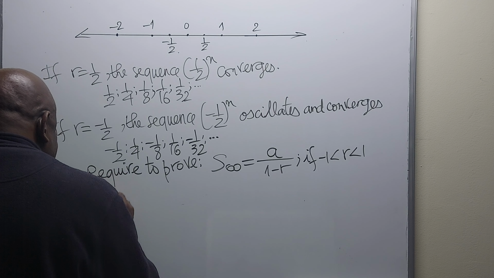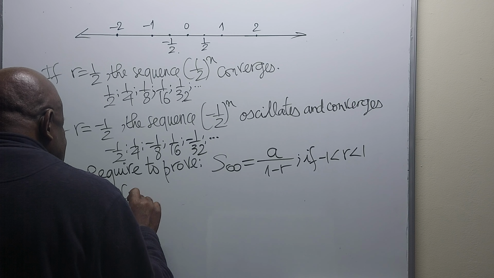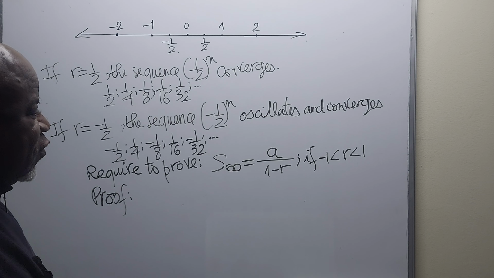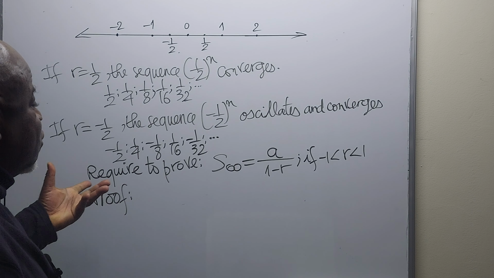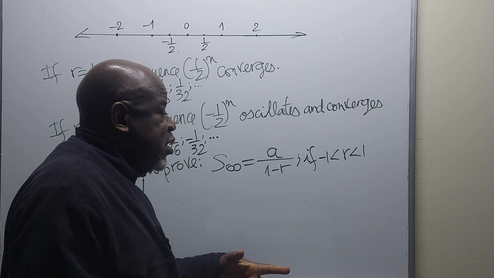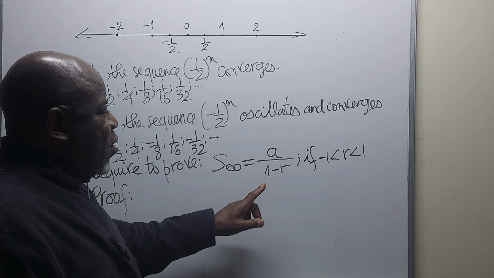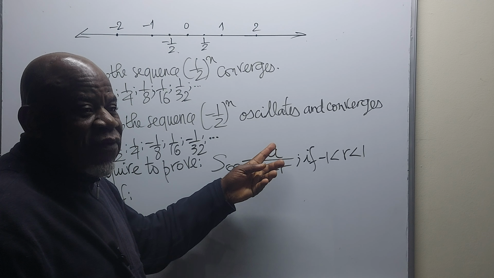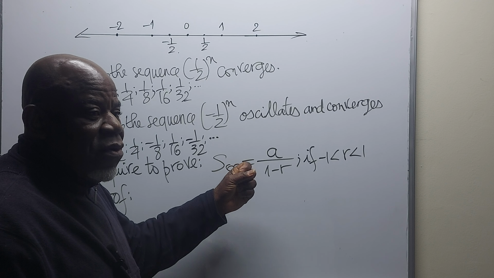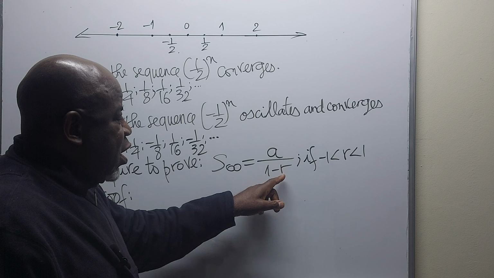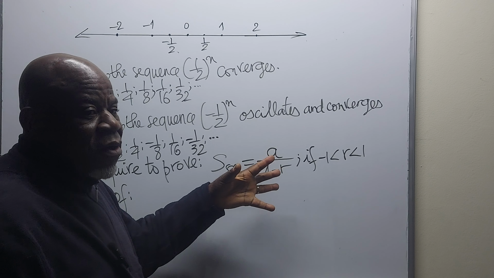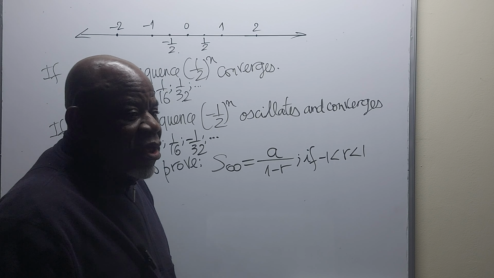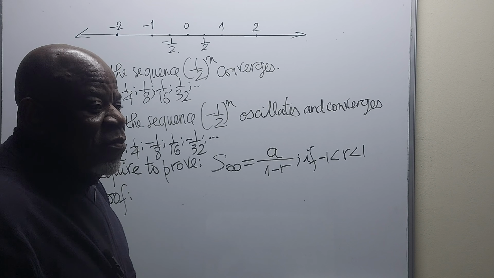So here's the proof. The proof is not really long, so it's a short proof. We really want to prove that the sum to infinity will be equal to a/(1 - r), a being the first term of your geometric sequence, and r being the common ratio. So here is the proof.